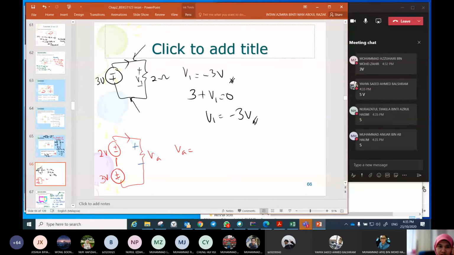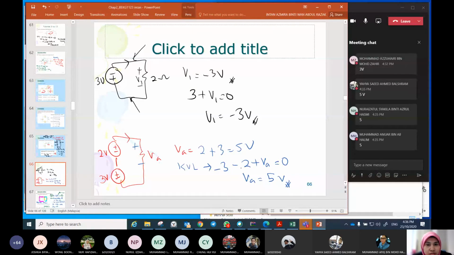This is the typical arrangement, negative, positive, and then negative, positive, and that is equal to this arrangement, positive and negative here. So VA is equal to 2 plus 3 equal to 5 volt. If you want to write KVL, yes, can. So minus 3, minus 2, and then plus VA must equal 0. VA is equal to 5 volts.